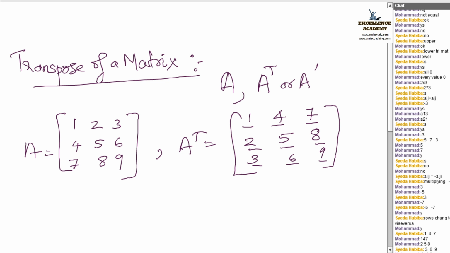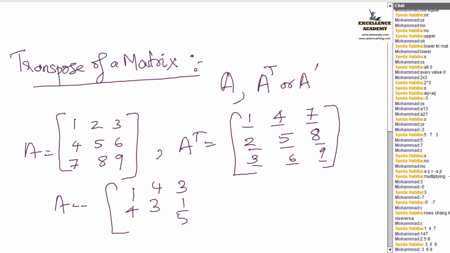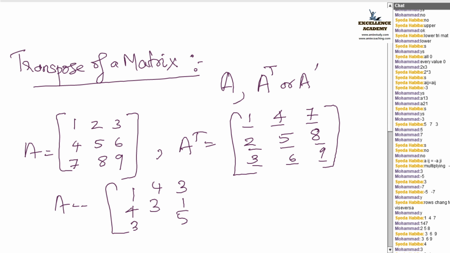Therefore, for a symmetric matrix, I am writing 1, 5, 3, 5, 4, 3, 1, 4, 3, 1. Okay, so this is a symmetric matrix. You agree?